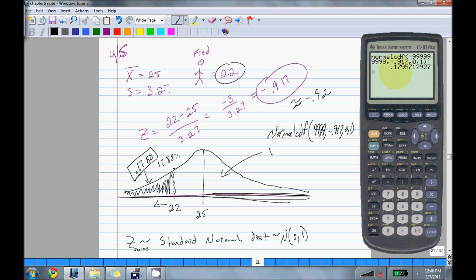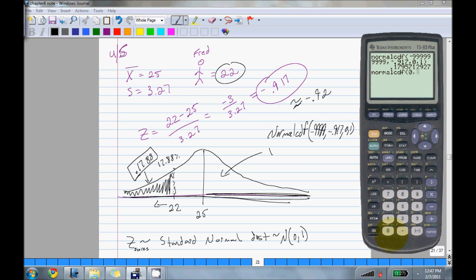So this is how we do it with z-scores. Maybe we don't know our z-score, or we don't feel like calculating it. So we're just going to tell our calculator what the mean and the standard deviation are and give it regular values. So I'm going to bring up that normalcdf again. What am I dealing with? It's a quantitative variable, and I'm dealing with age. So what's the lowest age you can get?